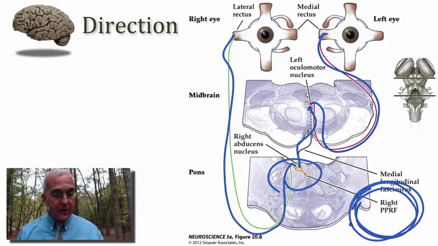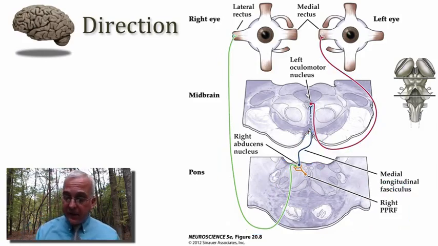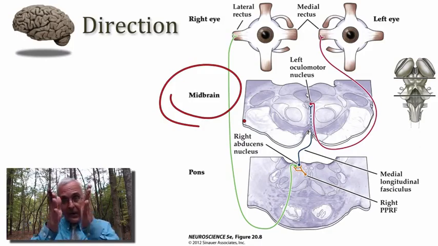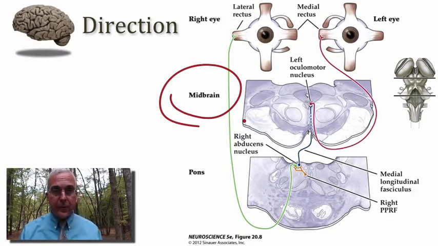Now, not illustrated here is another gaze center that's actually present up here in the midbrain, and it's a gaze center that coordinates vertical eye movements. And we simply call this the vertical gaze center. And like the paramedian pontine reticular formation, the vertical gaze center is a network of interneurons that will coordinate the output of the appropriate motor neurons in the oculomotor nuclei that are governing the superior and inferior rectus muscles.